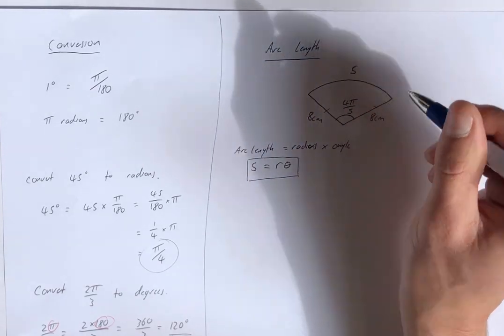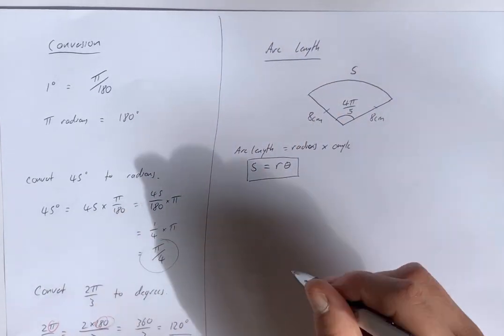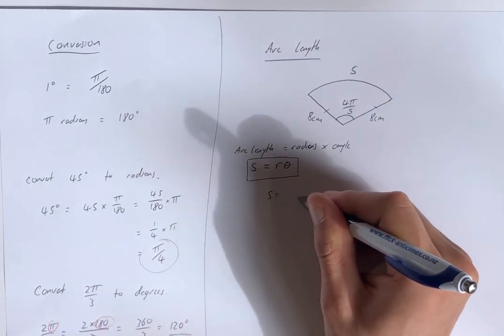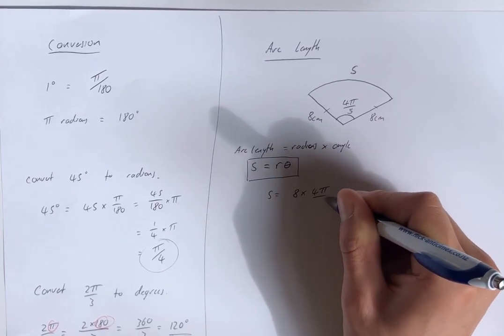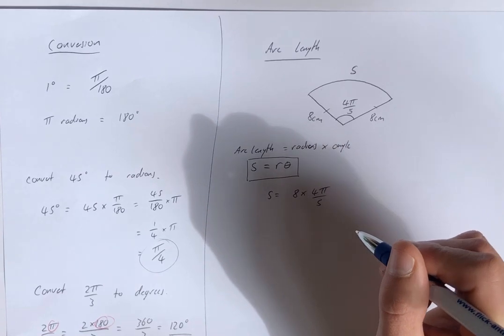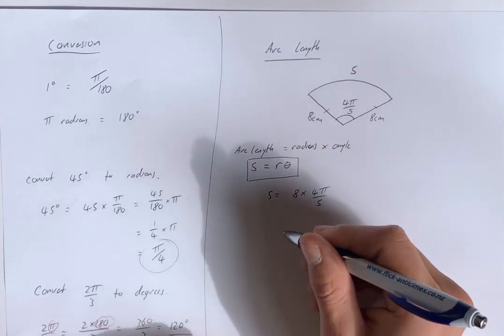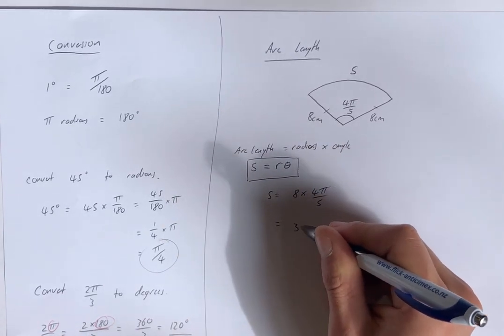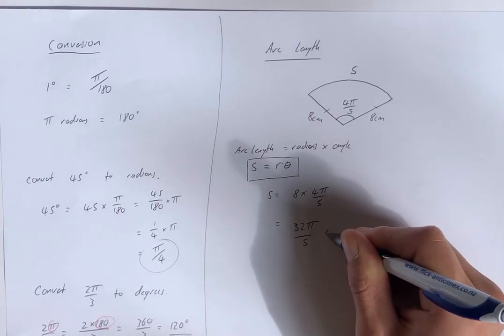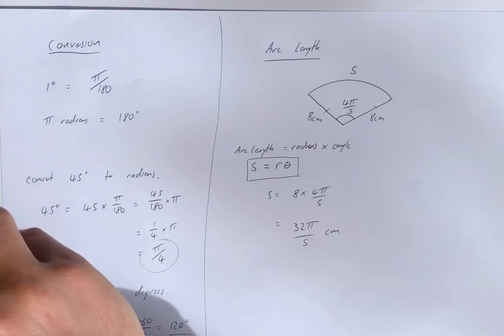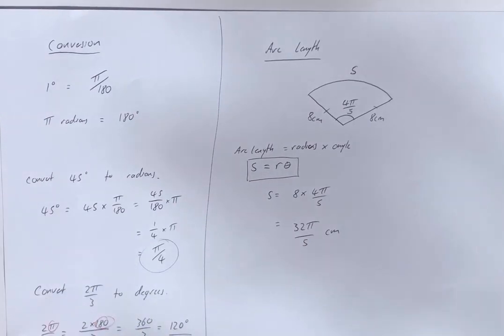So S is traditionally used for arc length. So S equals 8 times 4 pi over 5, and what you get is 32 pi over 5 centimeters. What does that look like as a decimal?